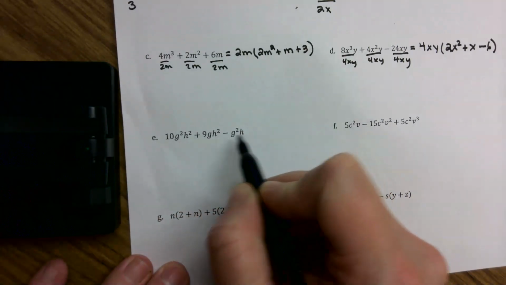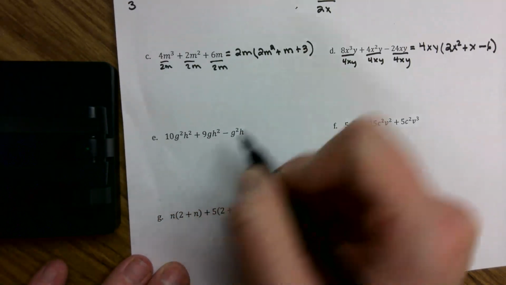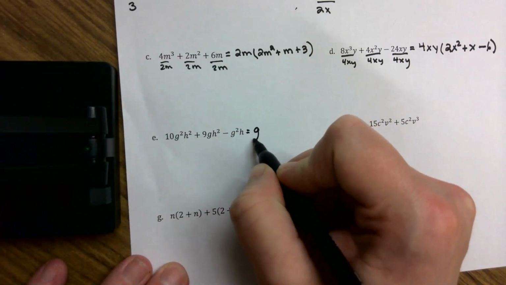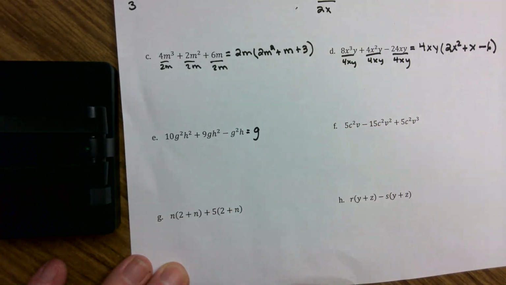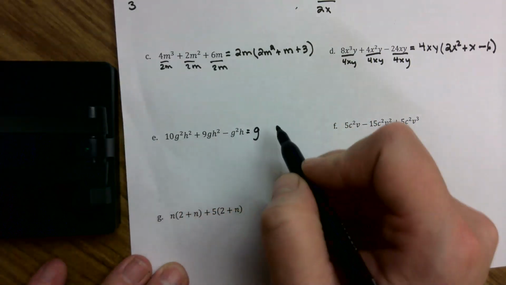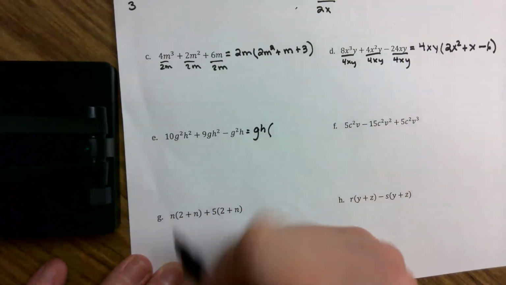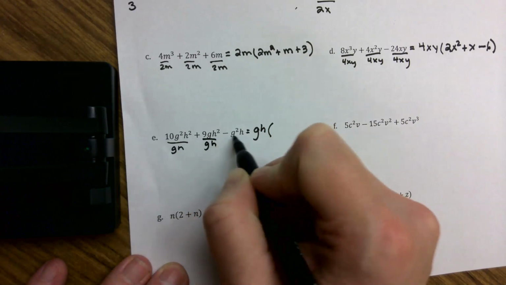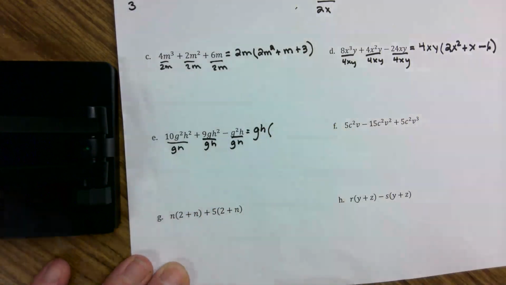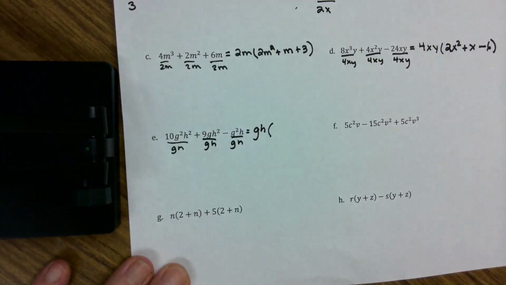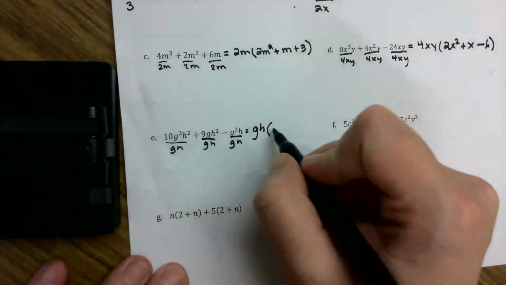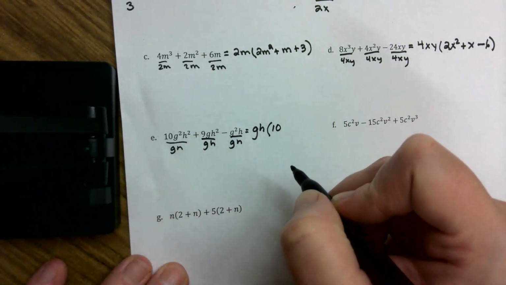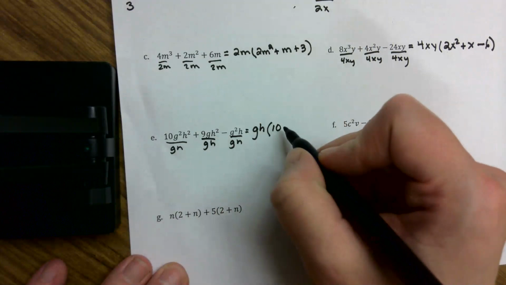They don't share any numbers the same, but they both have a g, and it's how many do they all have in common. They only have one g in common. They have 2 h's, 1 h. So it's how many do they have in common. So take a gh out of each term. You're going to still have 10, but then you're going to have a g and an h left.